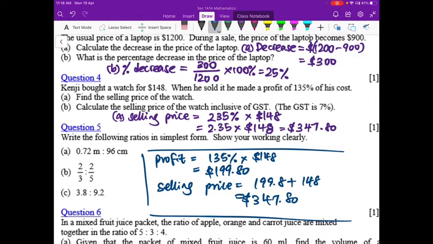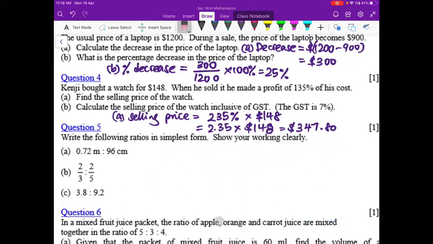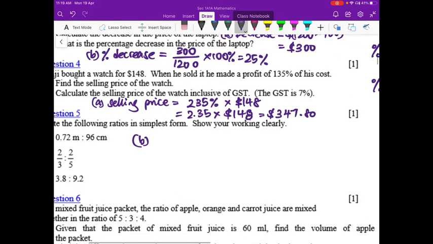So now in part B, calculate the selling price of the watch inclusive of GST. GST 7%. Okay? So now I'm going to remove this portion. I'm just going to do it at the bottom, part B. This $347.80 represents our 100%.